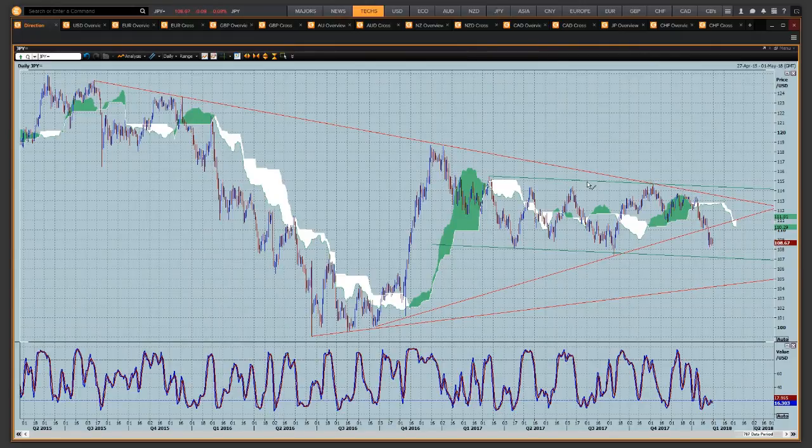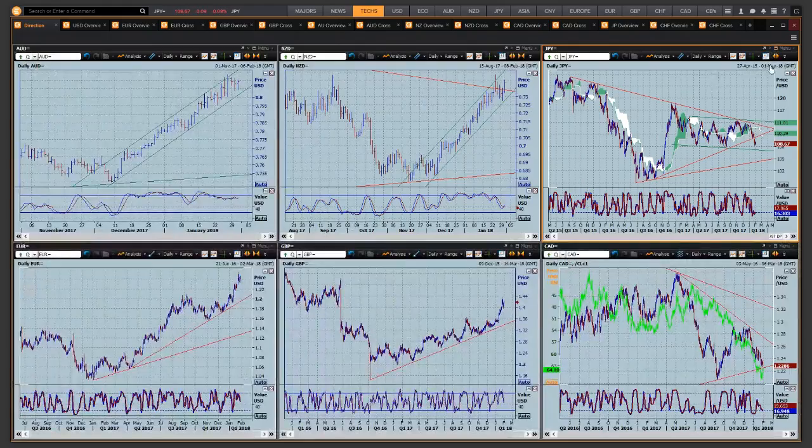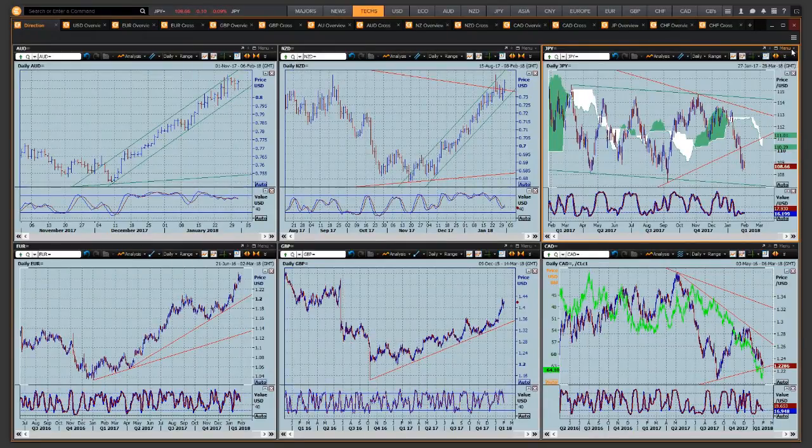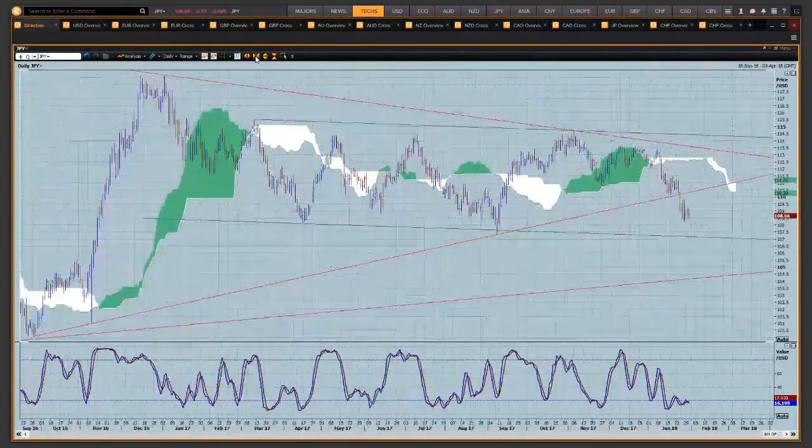It's not really long enough. And so you can sort of see that green line there. It's not really pronounced. If you've got clear direction in the currencies, it'll stand out like the Aussie and Kiwi do. Right, so I'm just going to leave that.